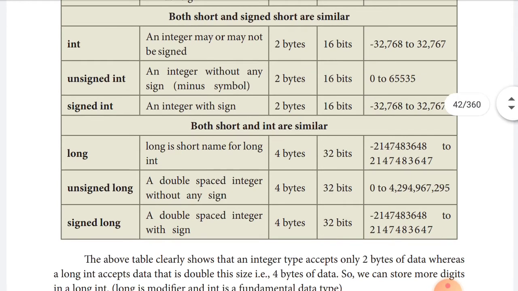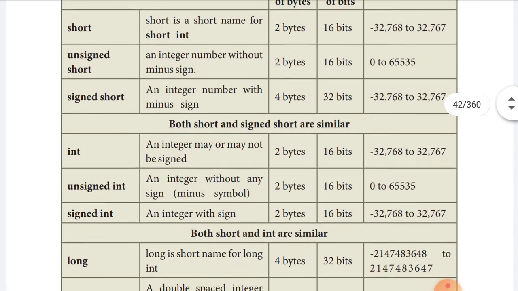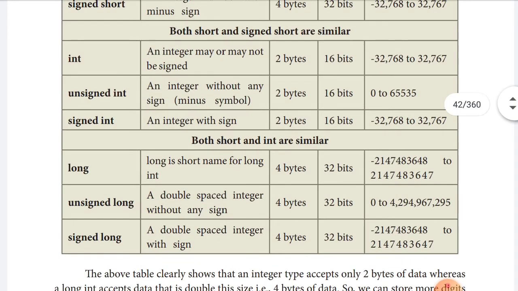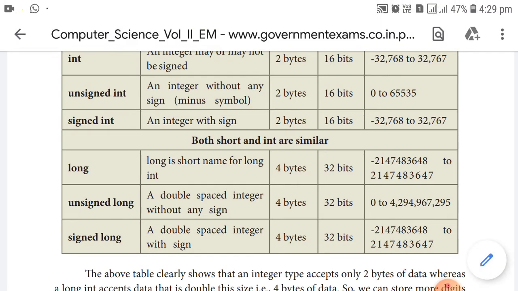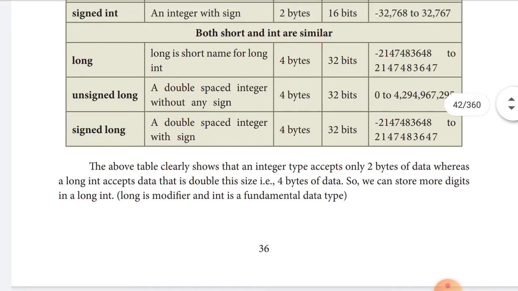Now long. Long is the short name for long integer. It uses 4 bytes. Unsigned long means a double-size integer without any sign. The same goes for signed long, a double-size integer with the sign. The table clearly shows that the integer type accepts only 2 bytes of data, whereas the long integer accepts double that, 4 bytes.